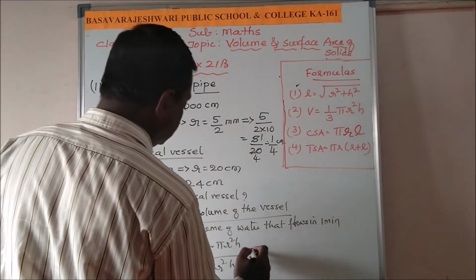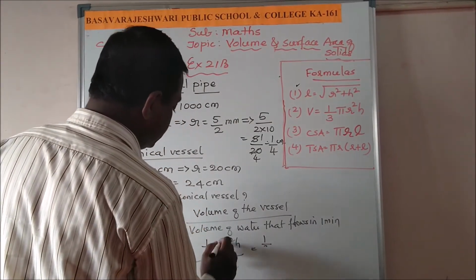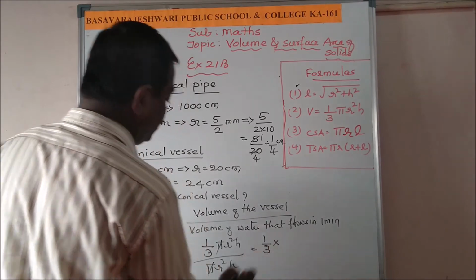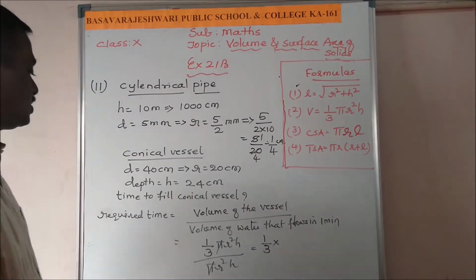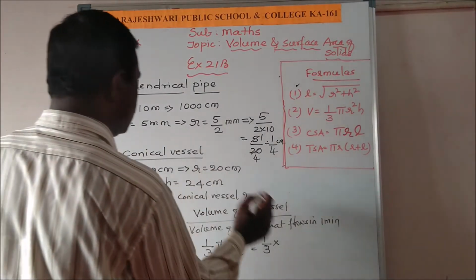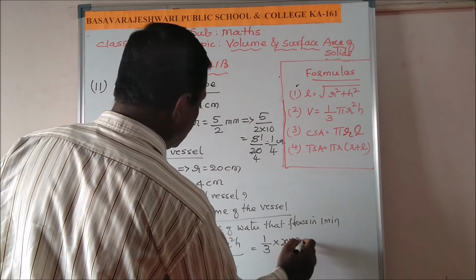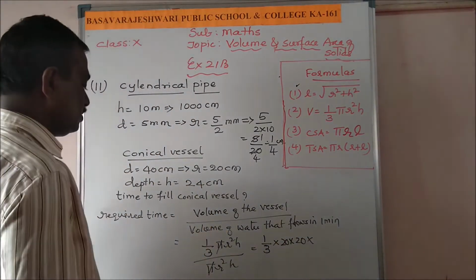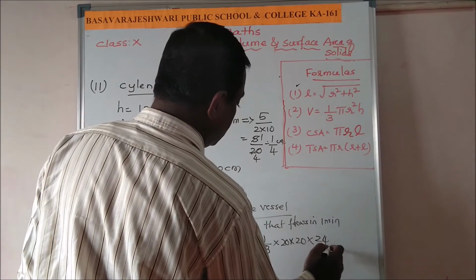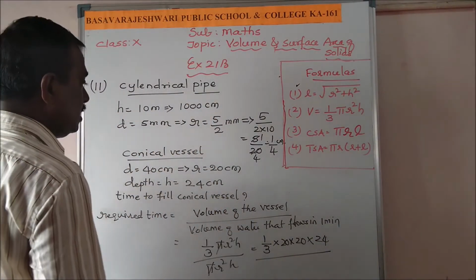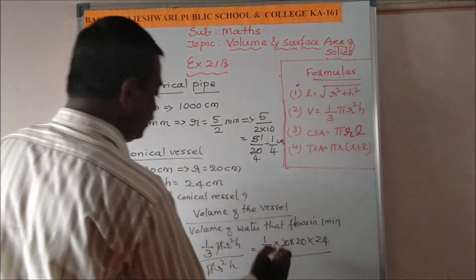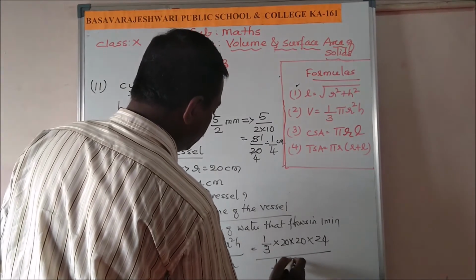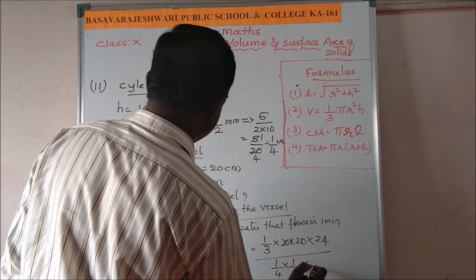That is equal to 1 by 3 pi, cancel pi. Into r square for the vessel: r is 20 into 20, into h is 24, divided by r square for the pipe: 1 by 4 into 1 by 4, into h is 1000.